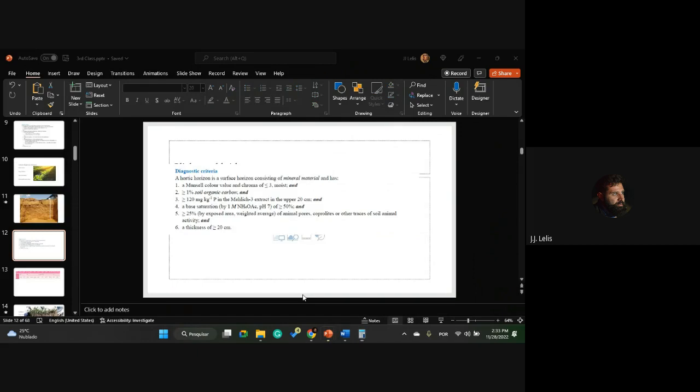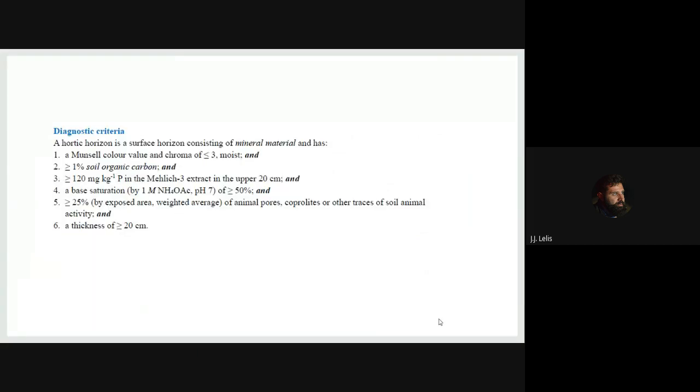So we have a base saturation that's equal to or higher than 50, because 65 is higher than half. So we follow this criterion too.